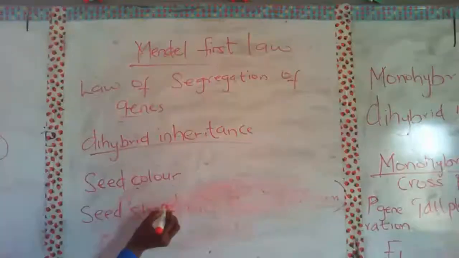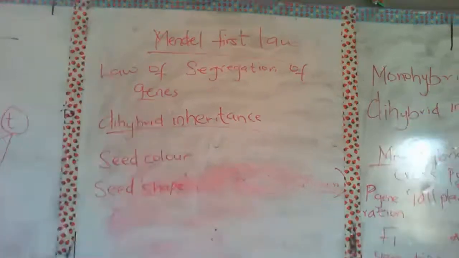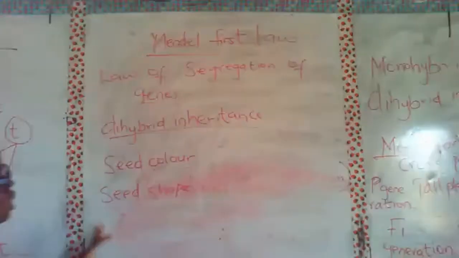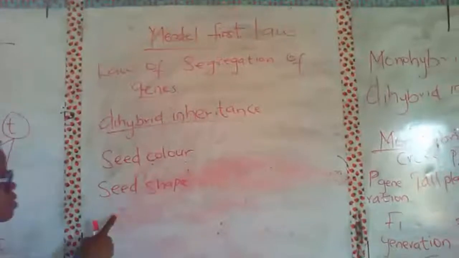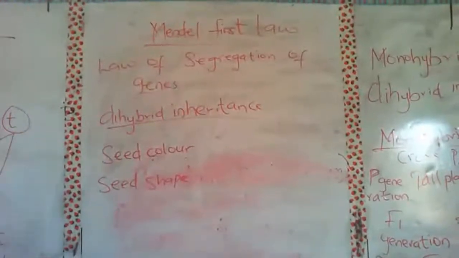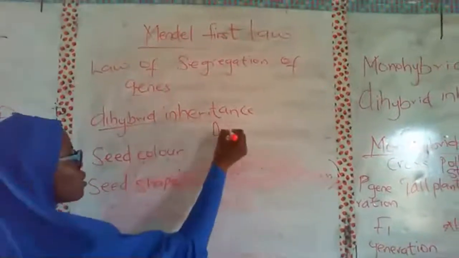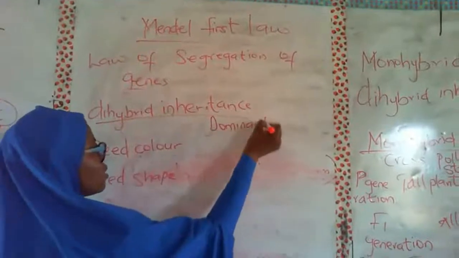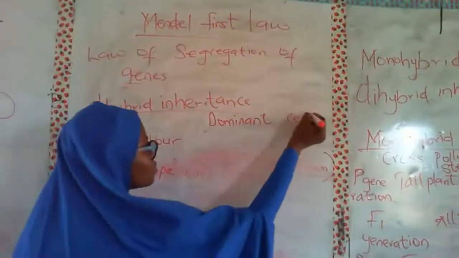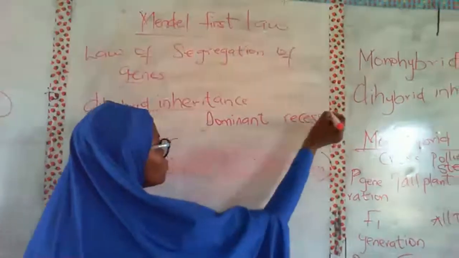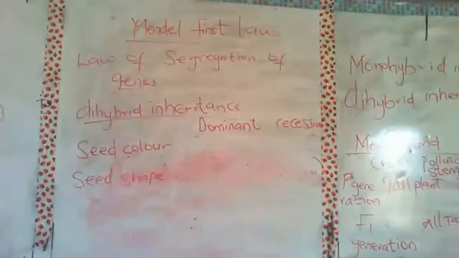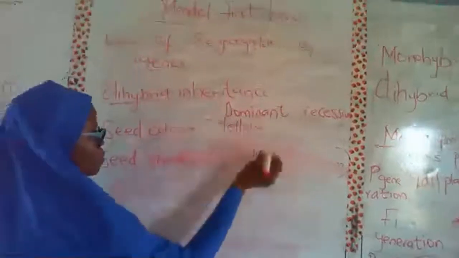But in the monohybrid, it made use of only one character, which is stem length. Here it made use of two characters, seed color and seed shape. Now, let's know the dominant and the recessive. The seed color he used was yellow seed, then green seed.